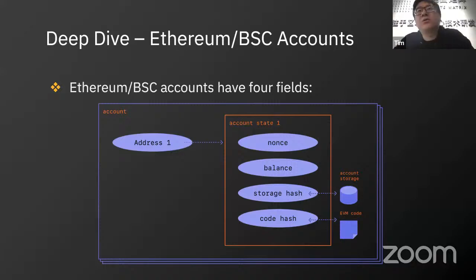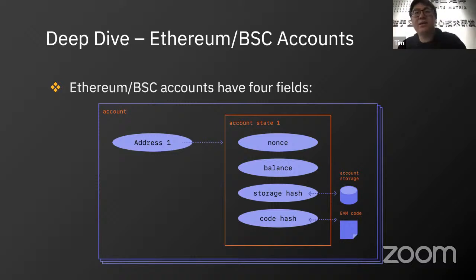Okay, so there are four fields in the Ethereum or BSC account data structure. The first one is a nonce. The nonce is basically a counter that indicates the number of transactions sent from the account and ensures that a transaction is only processed once, right? In a contract account, this number represents the number of contracts created by this account.